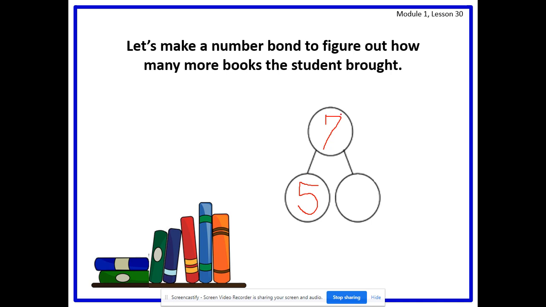And now we have our missing part, which is our unknown number. This is the number of books the student brought. Do you know how many books the student brought? Get ready. Yes, 2 books. Go ahead and write it. Remember to always say the unit. You don't just say 2, you say 2 books.